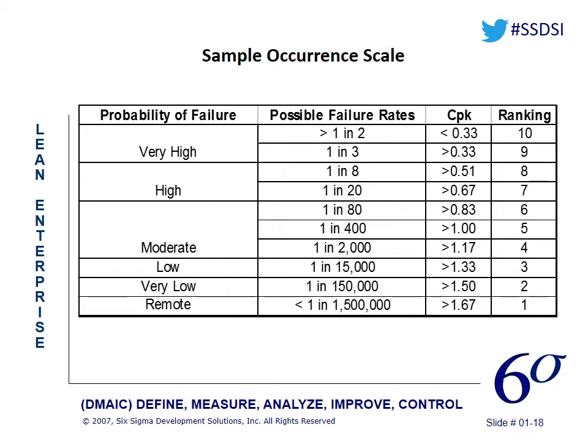CPK is a statistical index that really talks about the capability of a process to meet requirements, to meet specifications, to not become a defect. And this is the most reliable column to use, although a lot of companies don't really use nor understand this.